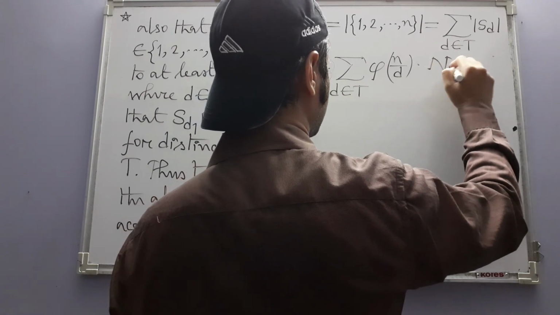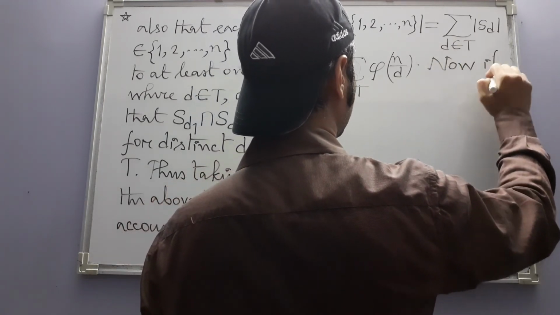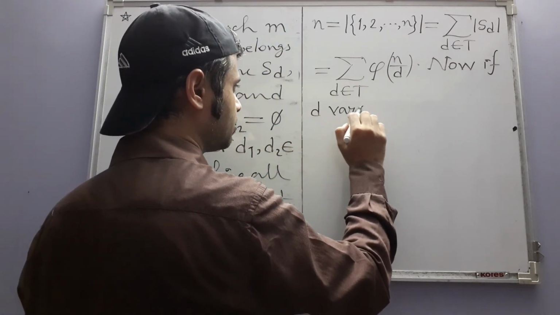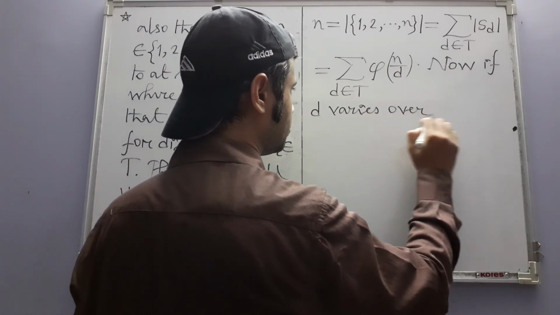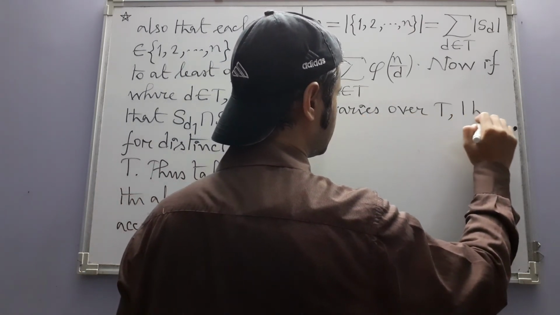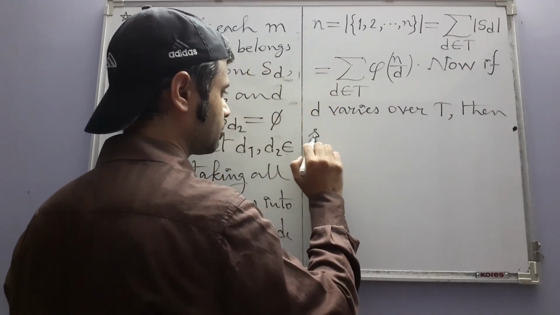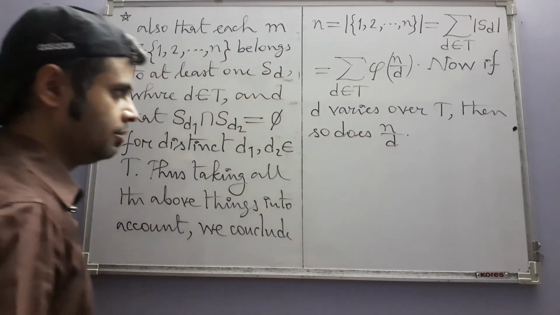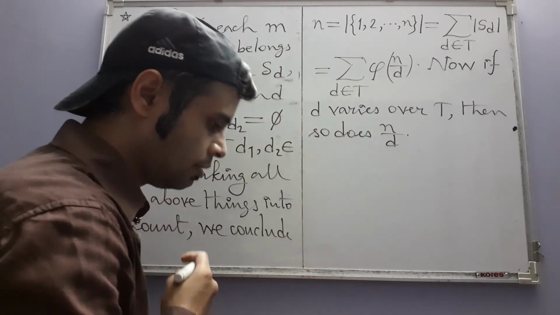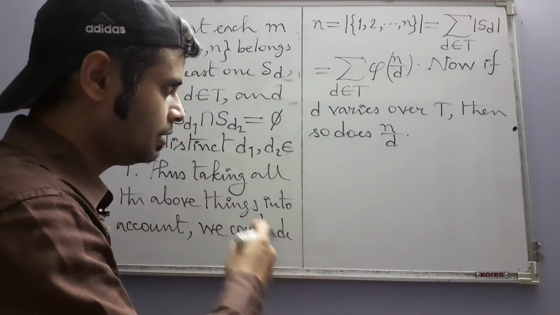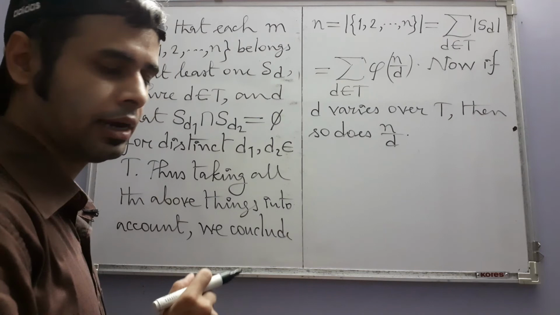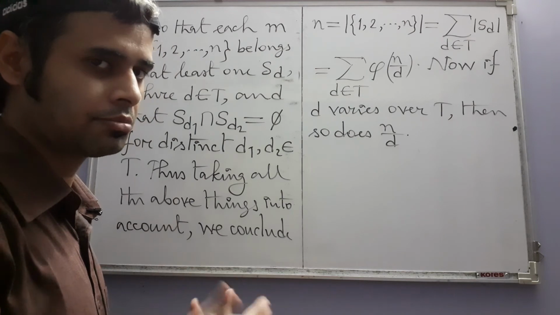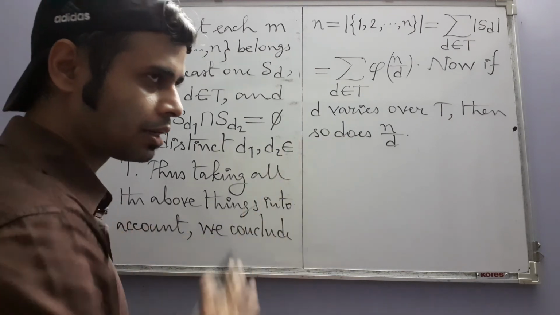Now, if D varies over T, then so does n divided by D. So what that really means is that as D is varying over T, D is taking on all the values that T has. Correspondingly, n over D would also take all the values in some other order, in fact in the opposite order in this particular case.